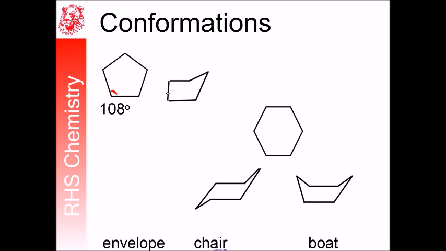Turns out that you can also have this kind of envelope shape. This little envelope shape where it's kind of flat on 4 sides and then it's got this little lip on here. And so because of that, you can get to almost exactly 109.5. As a result, there's very little ring strain in cyclopentane, and 5-membered rings are wonderful. They're found everywhere, they're very stable, and they're great in biology.